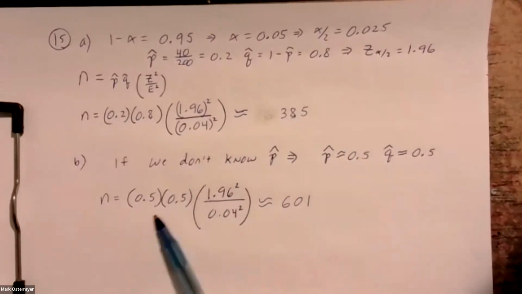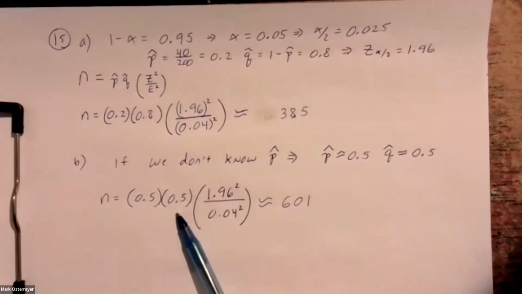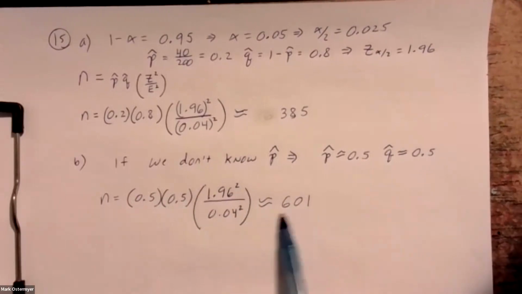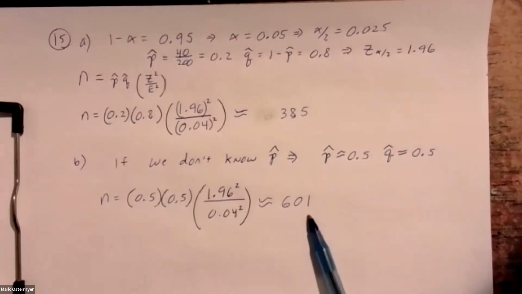In which case, we put the new values into our sample size formula, keeping the Z value the same and also our allowable margin of error the same, cranking it out, and we would have to select a sample of at least size 601 to be 95% confident that our population proportion will be within 4% of the actual unknown population proportion.